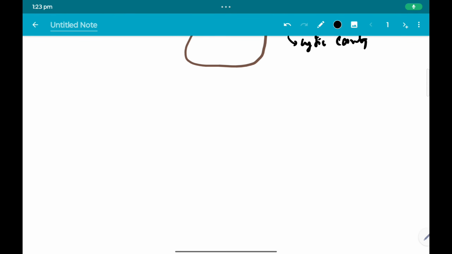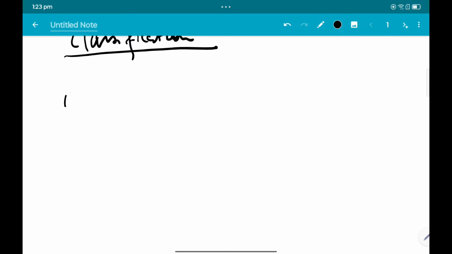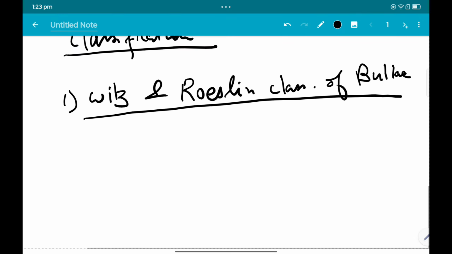So now we'll carry on with the classification of bulla. So there are two important classifications of bulla, which is De Vries and Wolf classification, and second is Wiss and Roslin classification. So first we'll have Wiss and Roslin classification of bulla. What does this classification say?